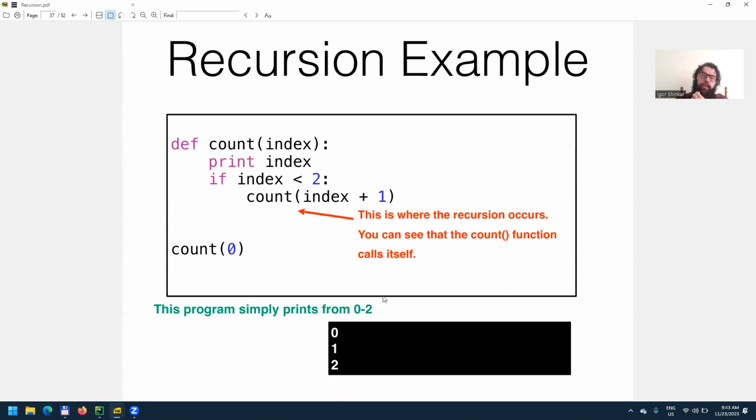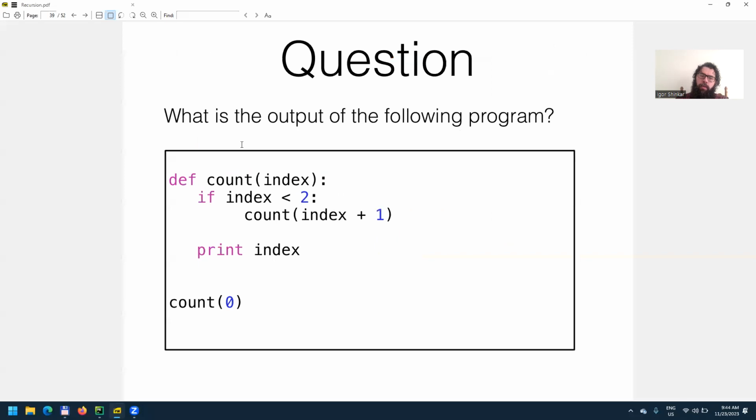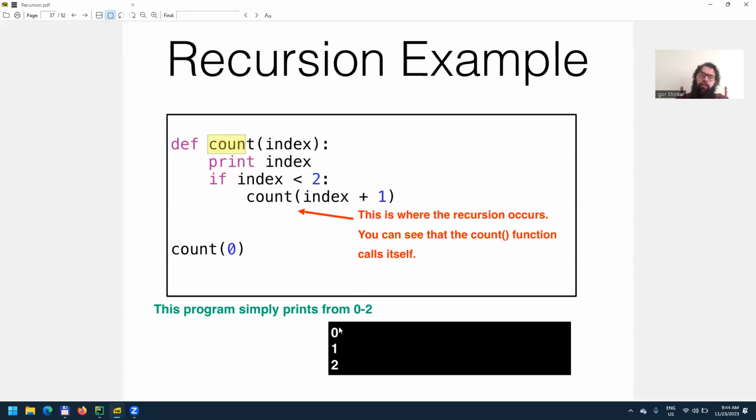So let's try not to run code, but to simply run it by hand. What's count of zero? How do we compute it? What happens with count of zero? First step, we print zero. Index is less than two. Yeah, it's zero. So we increase index by one, and we make a recursive call with count of one.